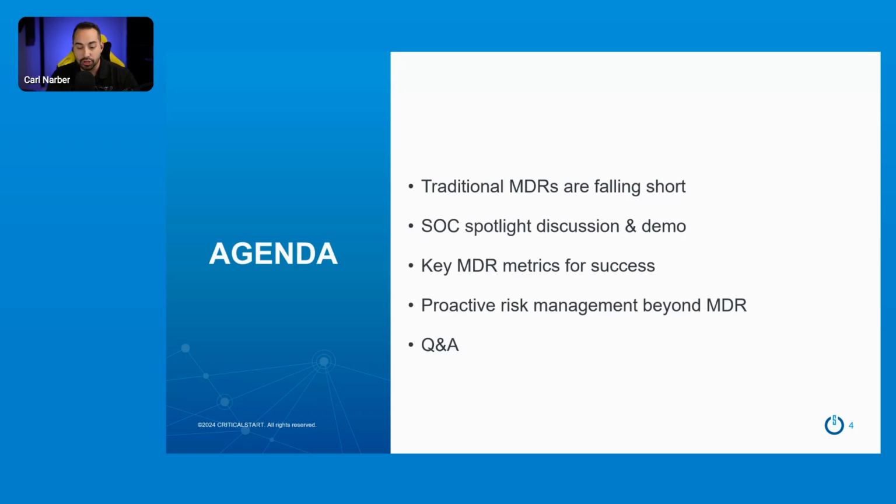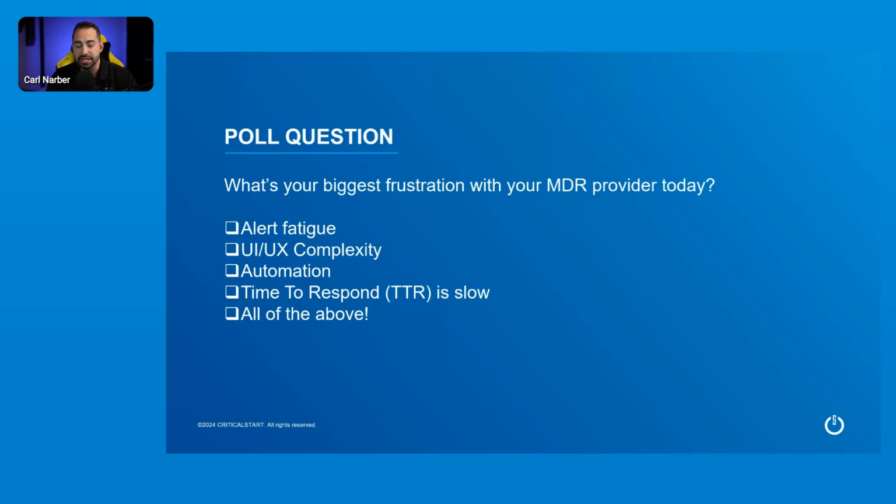Really quick, before we kick this off, I do have one quick poll question that I want to throw at you guys. What's your biggest frustration with your MDR provider today? Is it alert fatigue, the UI complexity, maybe the automation? I hear this a lot, automation. Maybe it's the time to respond because it's just too slow.